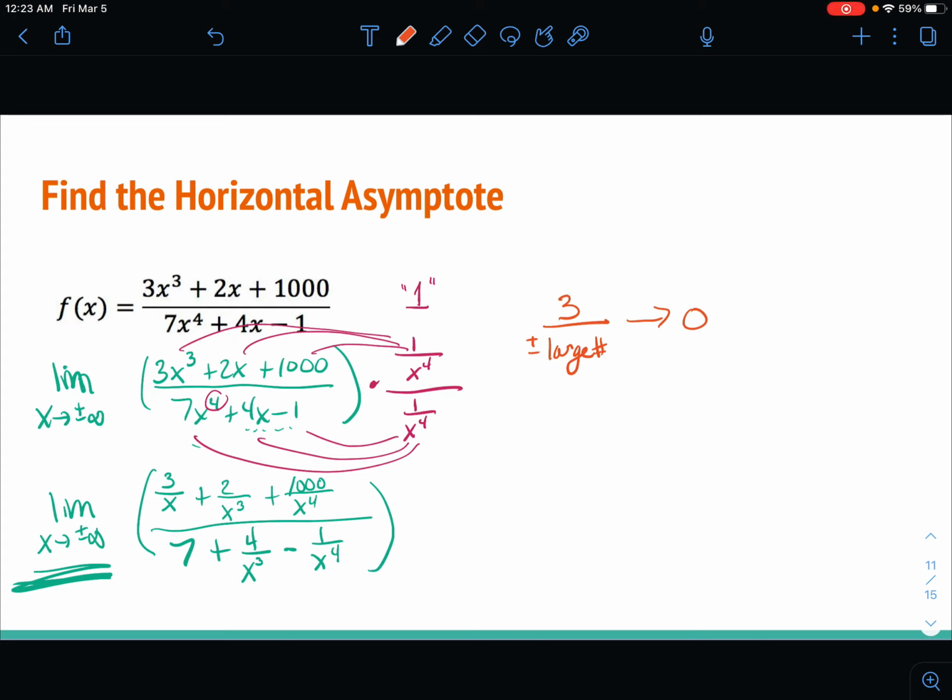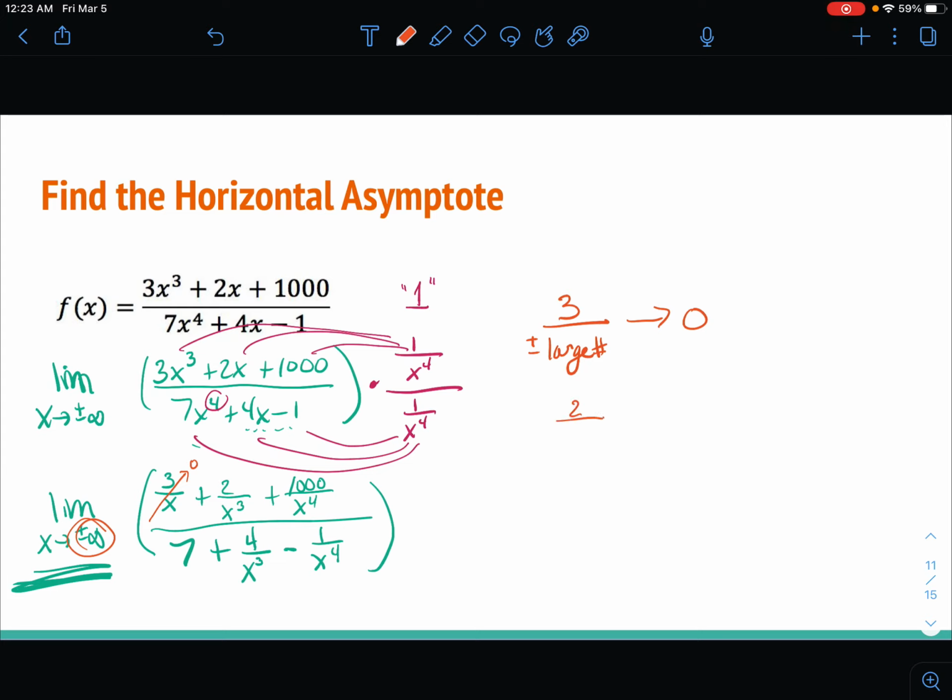So a positive or negative of a very large number. Well, what that means is when I get really close to positive or negative infinity, this little fraction is approaching 0. It's almost insignificant.